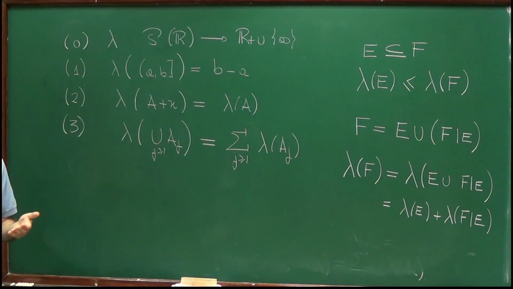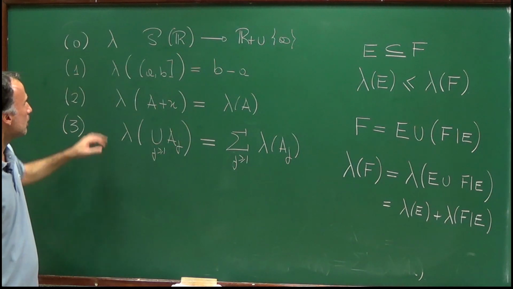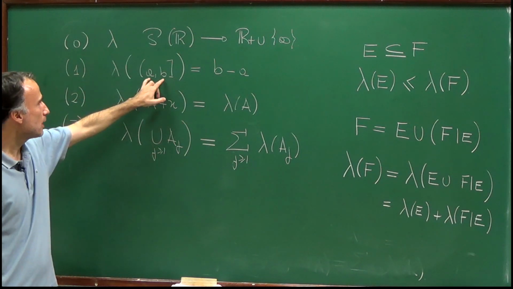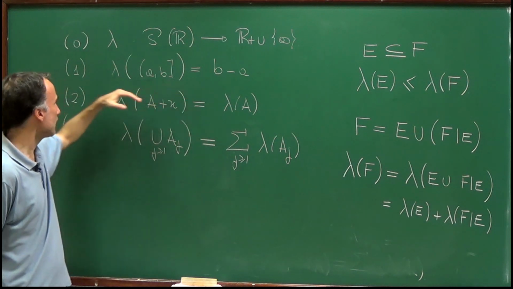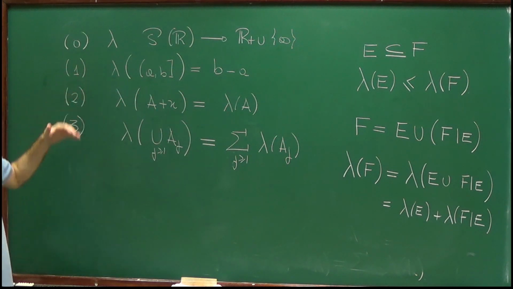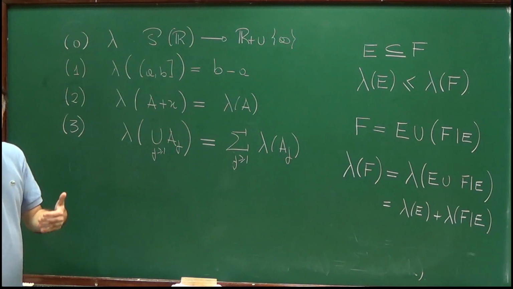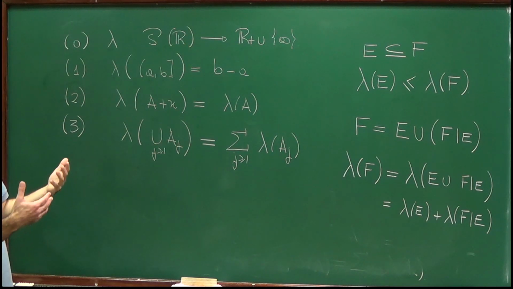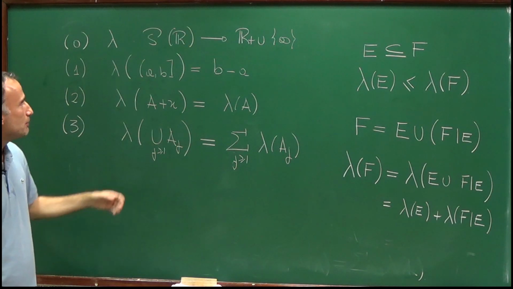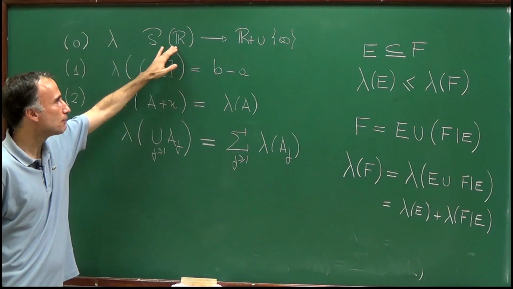These will be called the non-measurable sets. And the goal of the next lectures will be to start with a function defined on the intervals by property 1, and step by step extend it to the largest possible family of subsets of R.